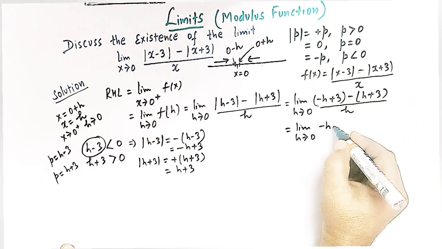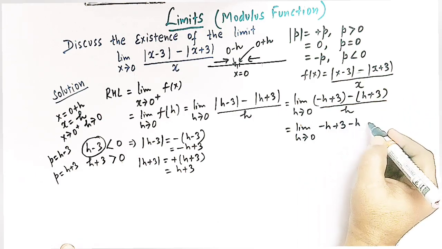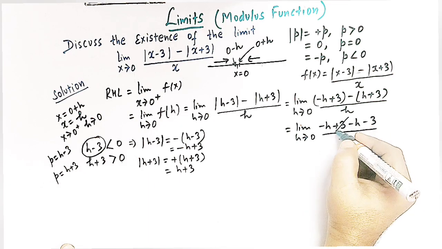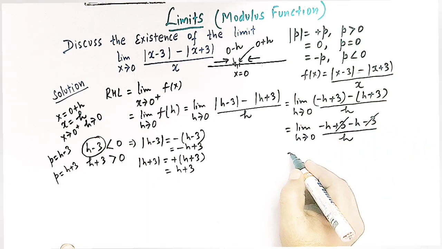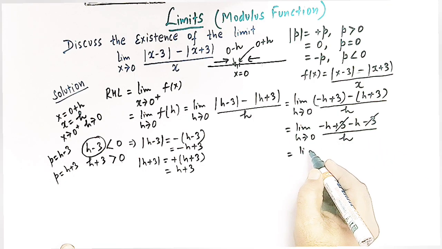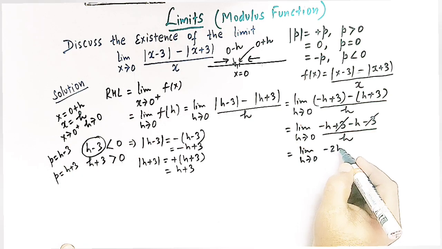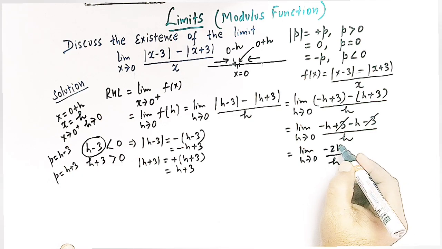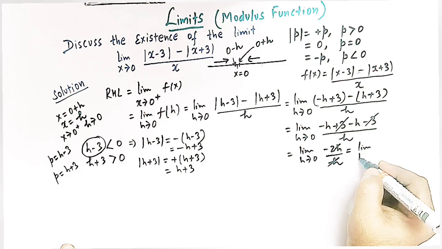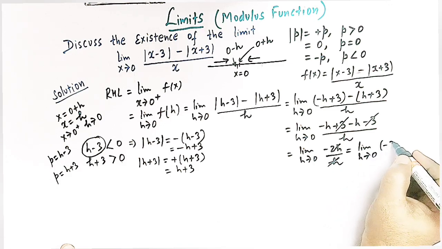We have minus h plus 3 minus h minus 3, over h. Now this 3 and this 3 get cancelled, and minus h minus h is minus 2h. So we have minus 2h over h. Now this h and this h get cancelled, so we have limit h tends to 0 of minus 2.